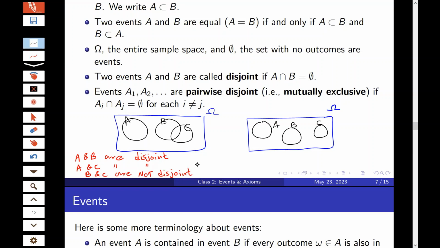That means A, B, C are not pairwise disjoint.